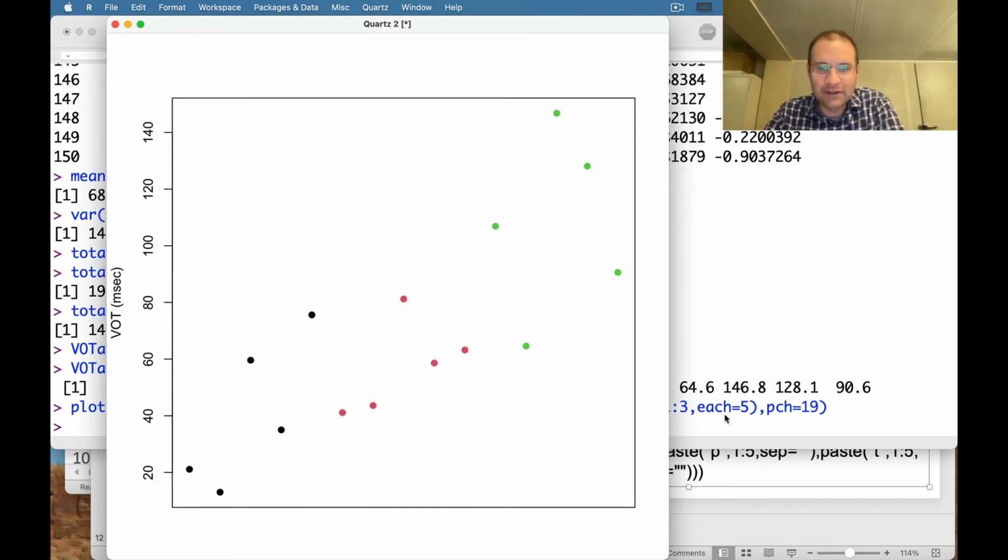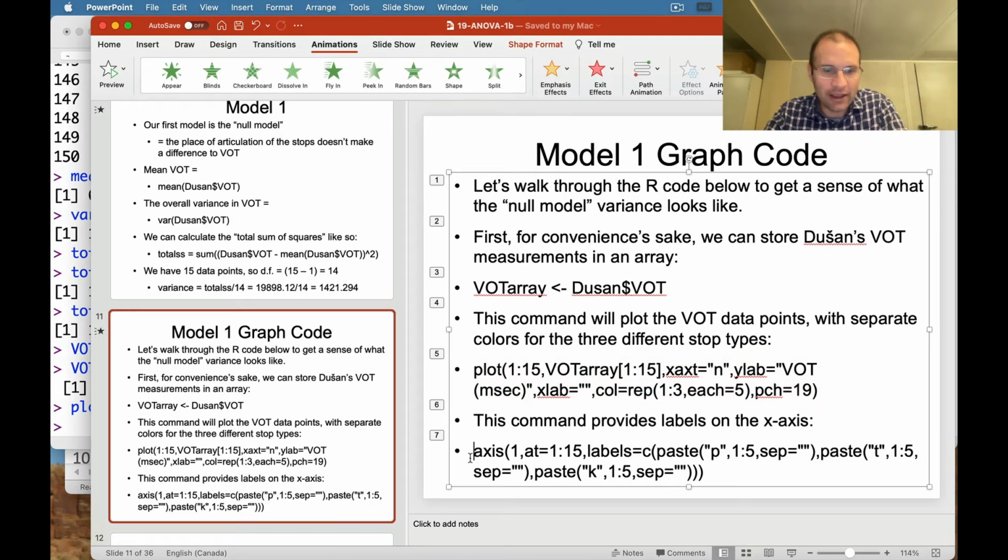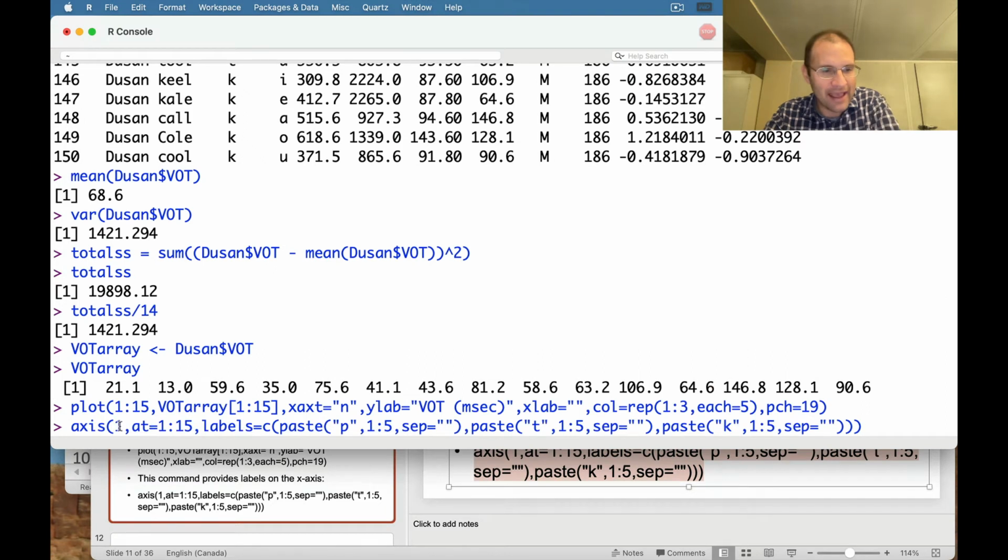And there are no labels down here. So I'm actually going to have to fix that. And I'll do it using this axis command. So the 1 within the axis command says do this to the x-axis, which is the first axis in this formulation.